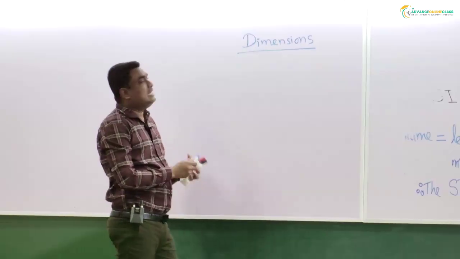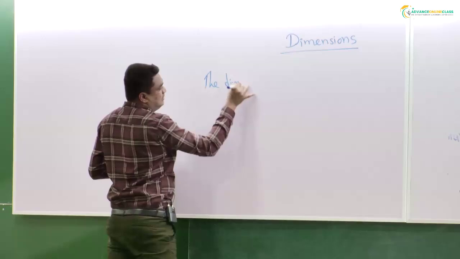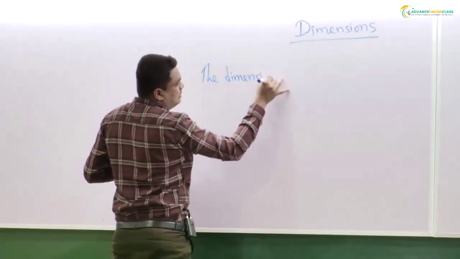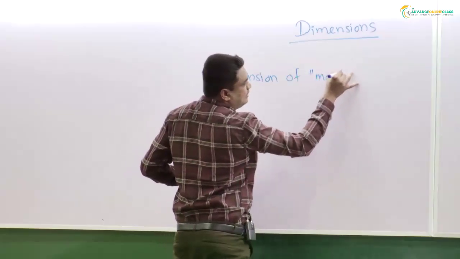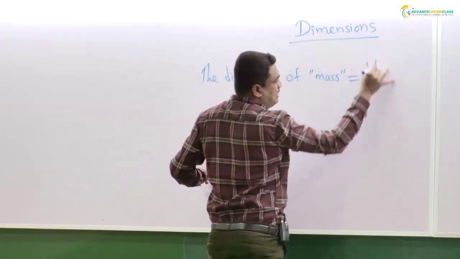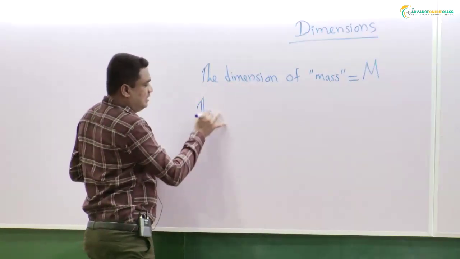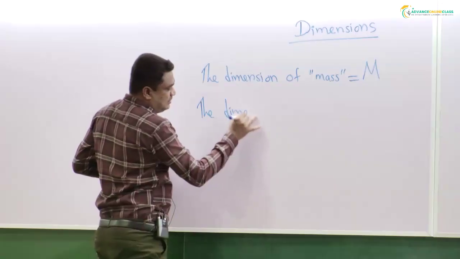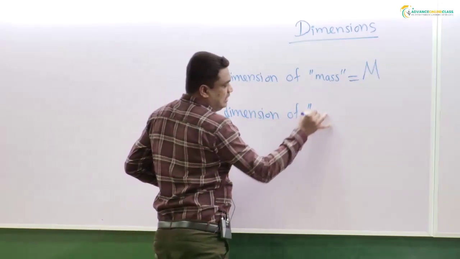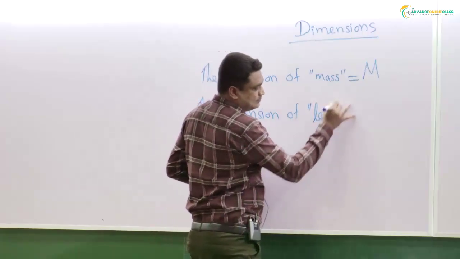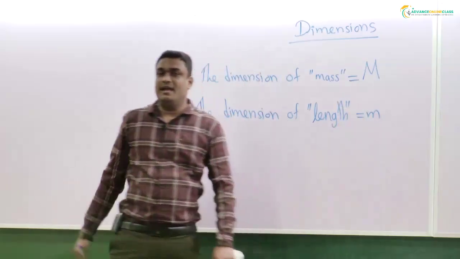Let's say the dimension of mass is capital M. The dimension of length, simple L.